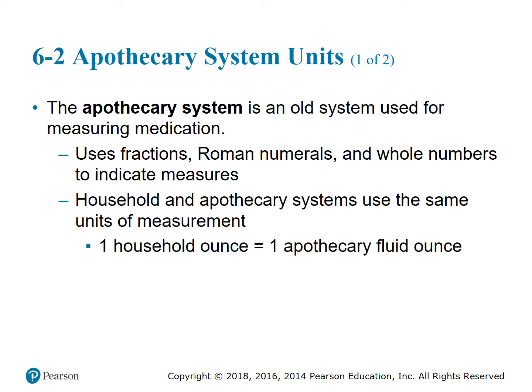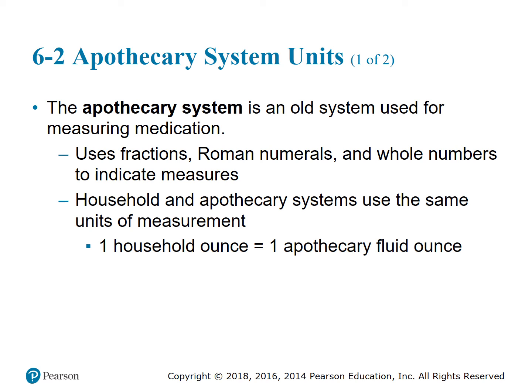It's an older system that's used for measuring medications, and more than likely, medication labels will also include metric and household units in addition to the apothecary units. Some units in the apothecary system include ounces, drams, and something called grains.